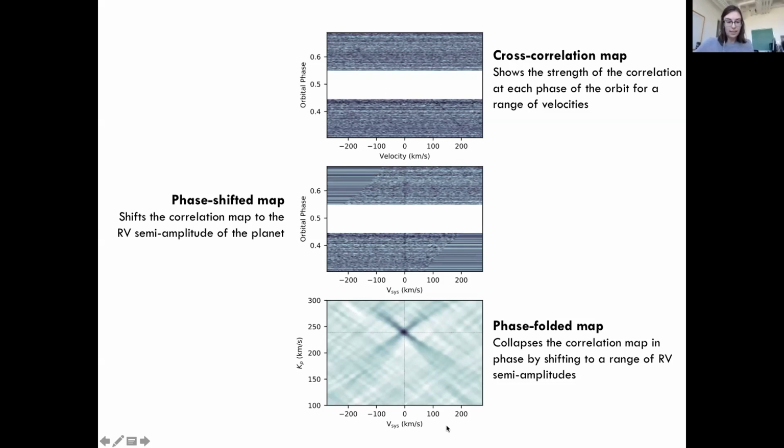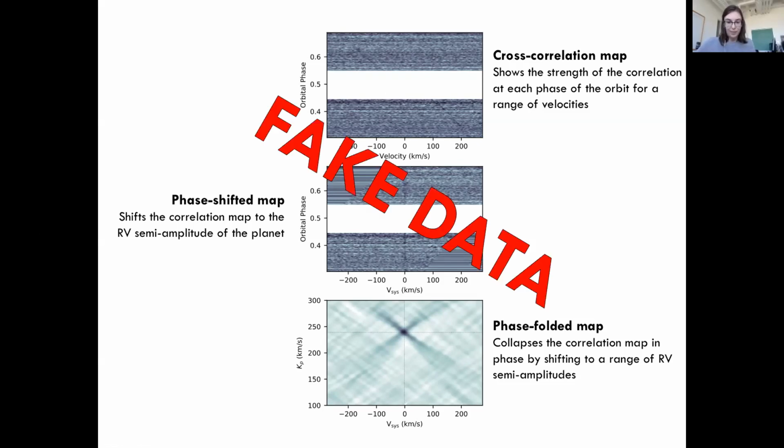However, this data is totally fake. It's really the results of injecting a model into the real data at a particular velocity that's known, and then cross-correlating that injection with the same model. So we recover the model we injected.